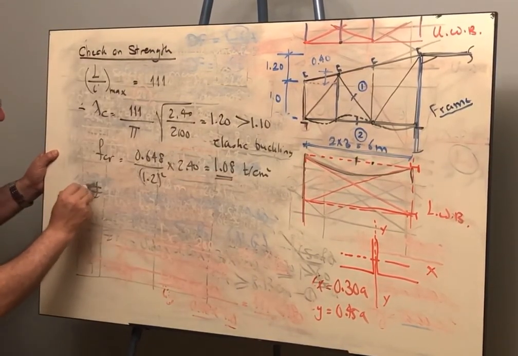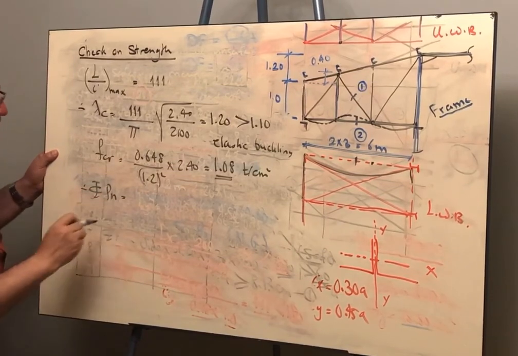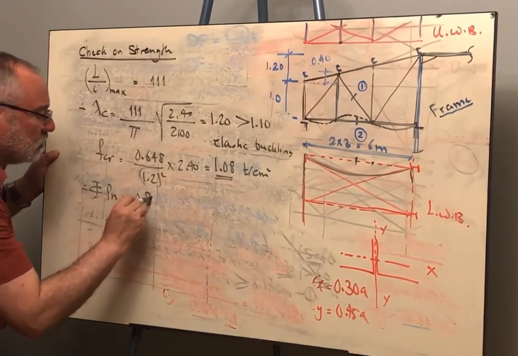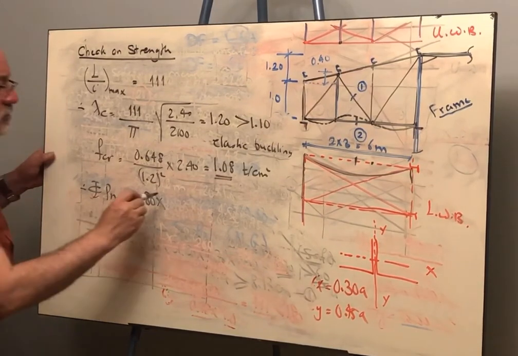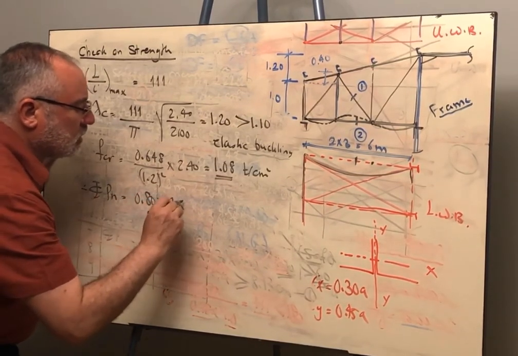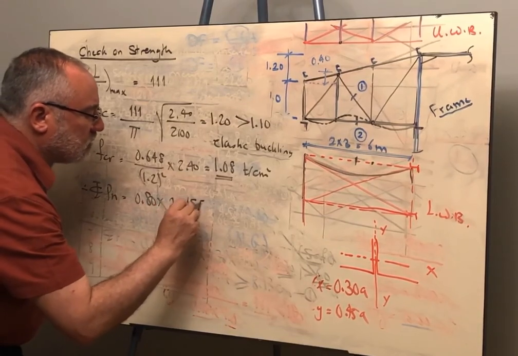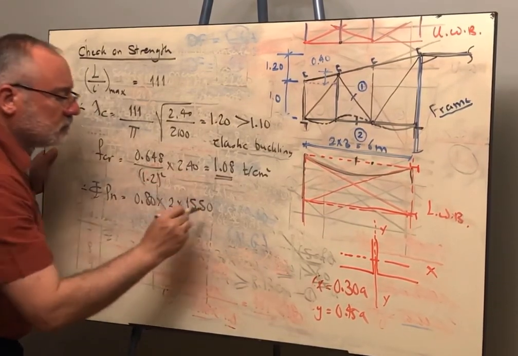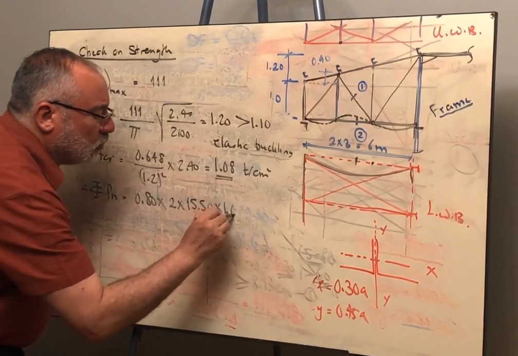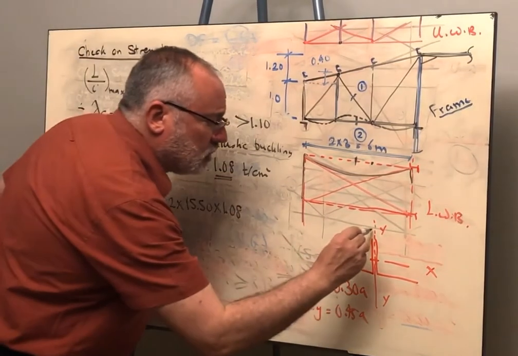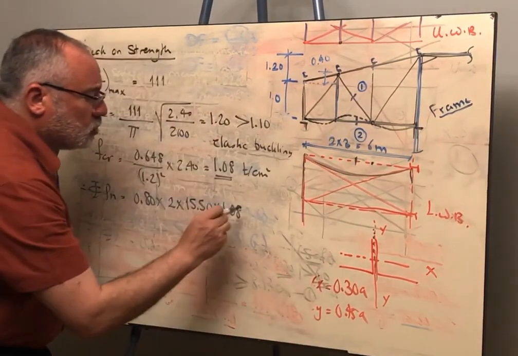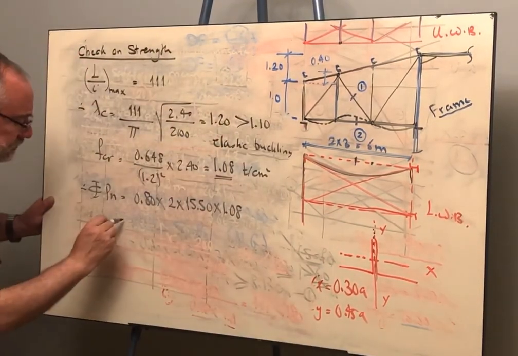Therefore, phi P nominal will be, the strength reduction factor is 0.8, times the area. We are having two angles back to back, so the area will be 2 times the area of one angle, which is 15.5, times F critical, which is 1.08. The section here is symmetric, so we don't have the factor 0.6.